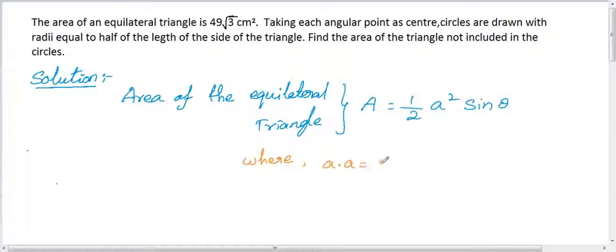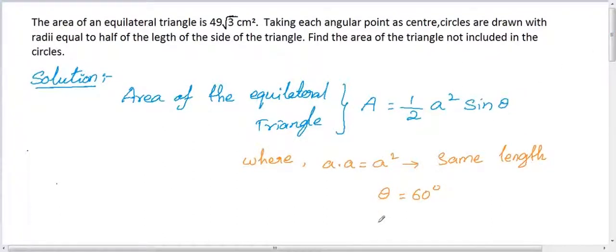So we just assume A into A, which is A square, the side of the equilateral triangle which has the same lengths, and if the three sides of the triangle are the same, then it's an equilateral triangle and the angle will be 60 degrees.